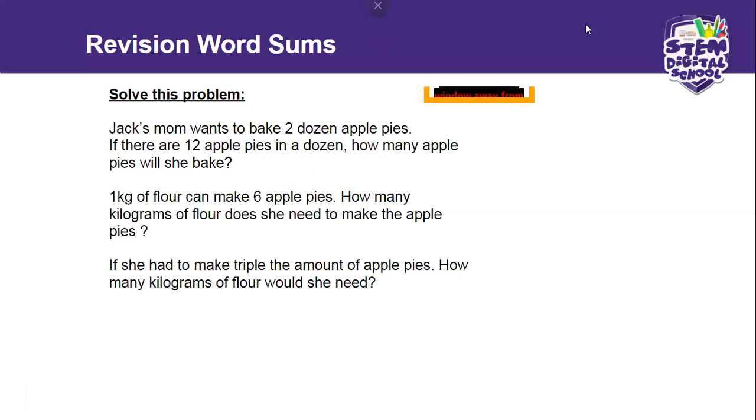Jack's mom wants to bake 2 dozen apple pies. If there are 12 pies in a dozen, how many apple pies will she bake? Okay.